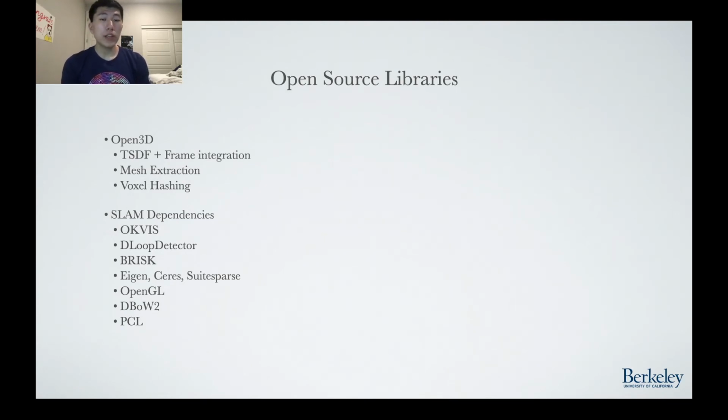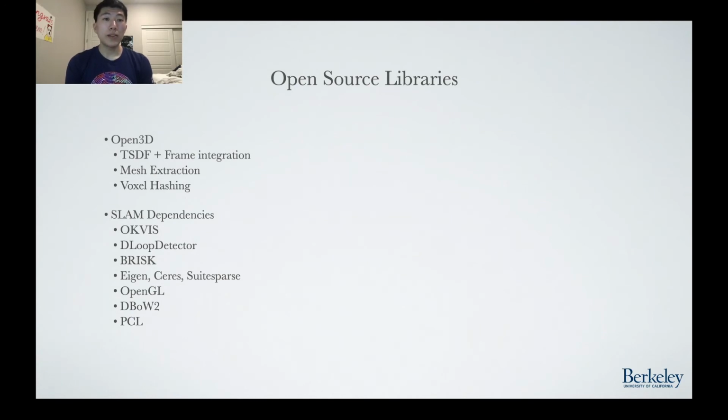The specific functionality provided by Open3D are the TSDF, the data structure used for integration of camera frames, mesh extraction, the implementation of marching cubes, and voxel hashing, the spatial hashing function used to expand the scalability of TSDF, as well as improve its speed.